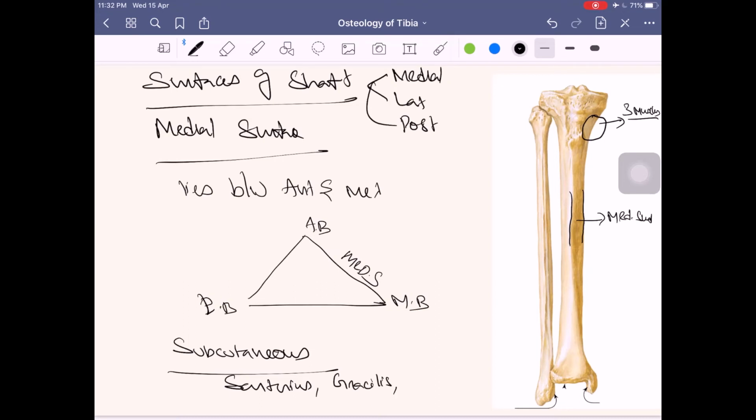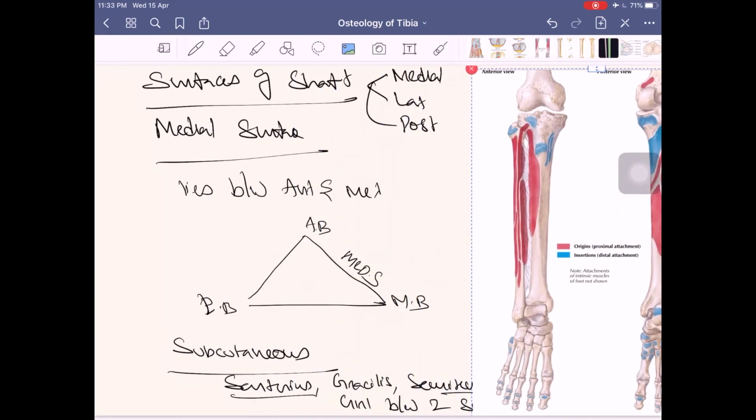One is called gracilis, which is above. Another one below is called semitendinosus. Semimembranosus was behind. This is tendinosus. So the mnemonic to remember this is girl between two surgeons. Two surgeons are sartorius and semitendinosus. Girl is the gracilis.